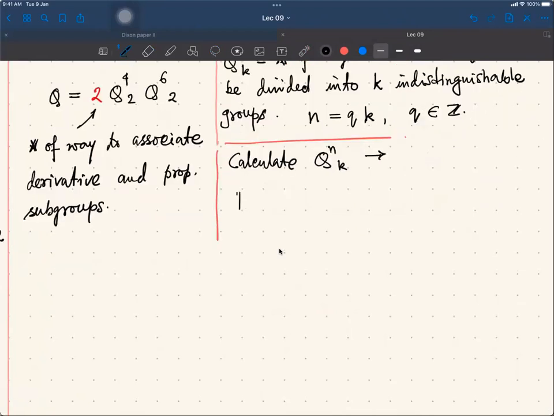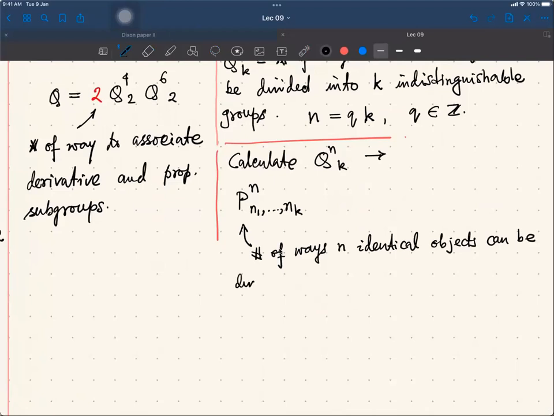Define P sub n, n1 to nk, to be the number of ways n identical objects can be divided into k distinguishable groups of n1 to nk number of objects.